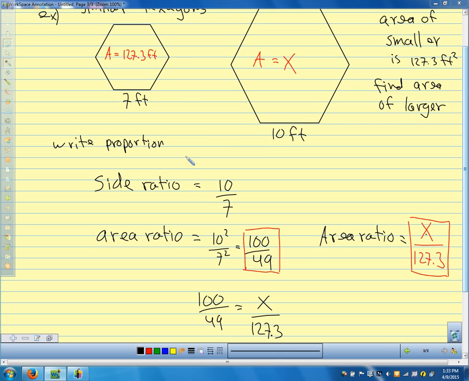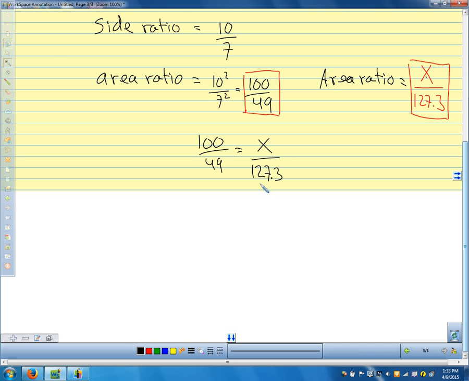So what we did was use the side ratio to come up with an area ratio. And then we used the information they gave us in the problem to write the area ratio in another way. But they're the area ratios of the same things, so they have to be equal. And then to solve this, I could cross multiply, and since I have the x on top here, I can just multiply both sides by 127.3.